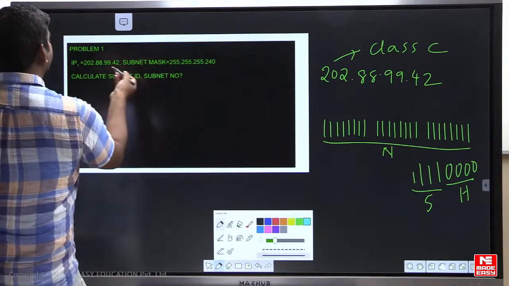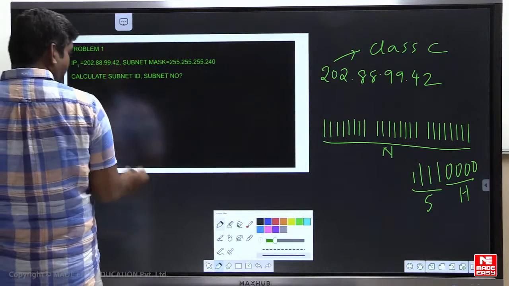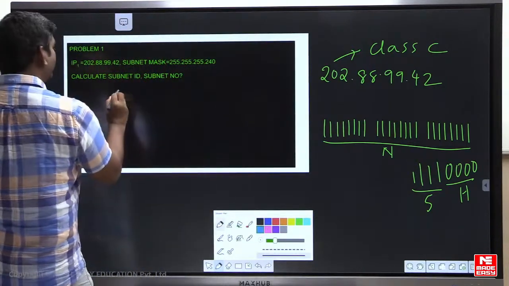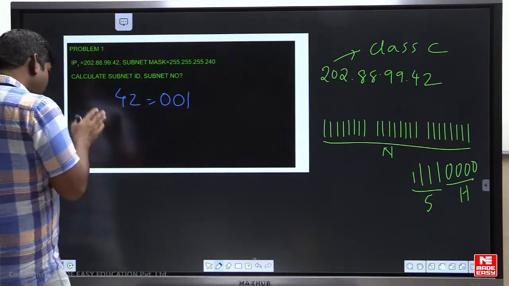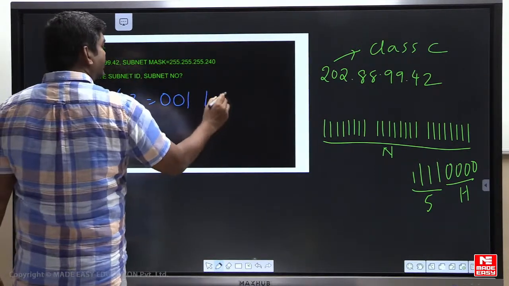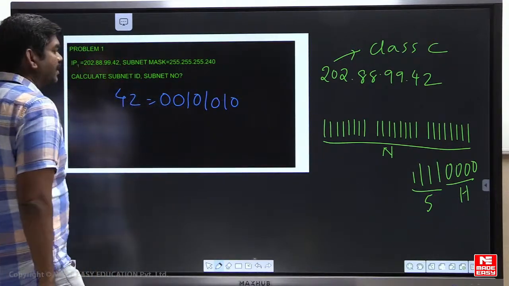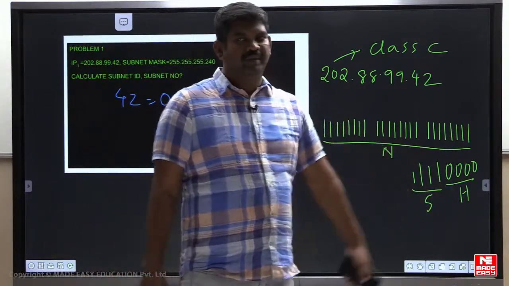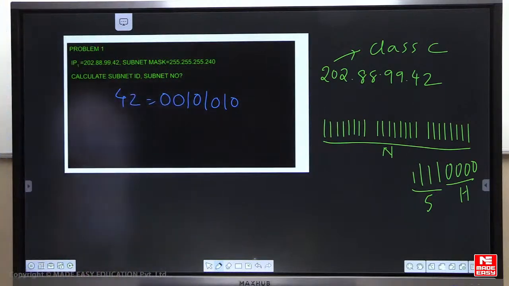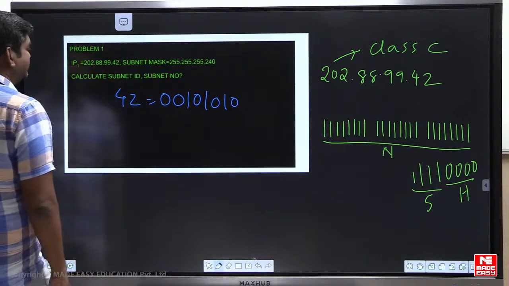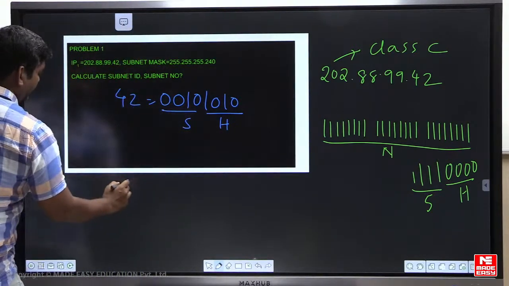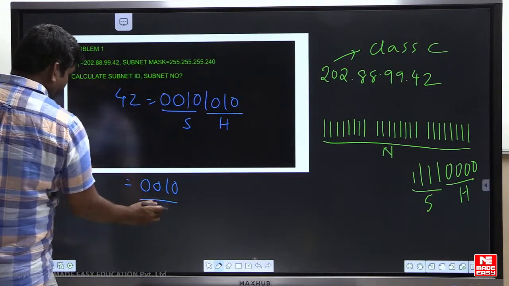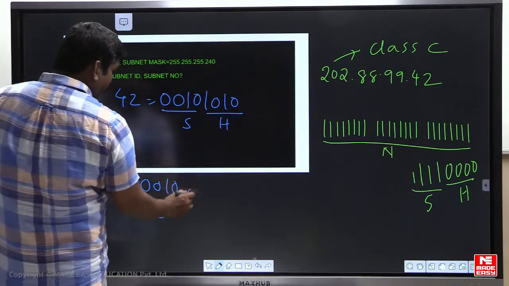Yeah, subnet ID means you can say it is 42, na? So I can write like this. See, 42 is 00101010, like this I can write. So you can say 4 bits are subnet bits, 4 bits are host bits. So this is the subnet and these are the host bits. They are asking for the subnet ID. So 0010 is the subnet, and for a subnet ID the host bits are all zeros.